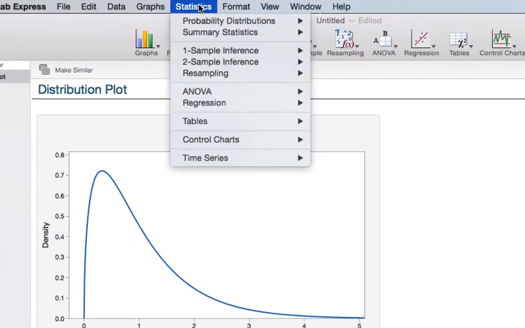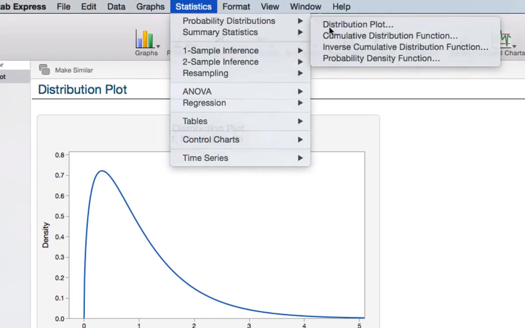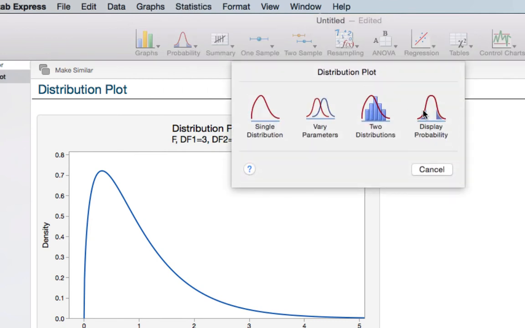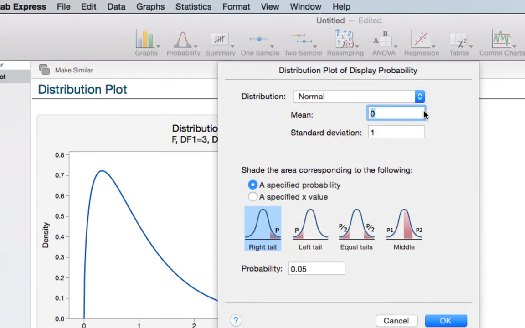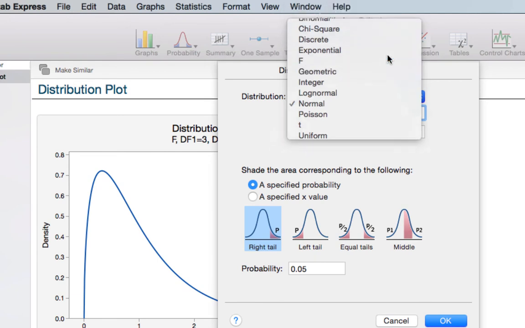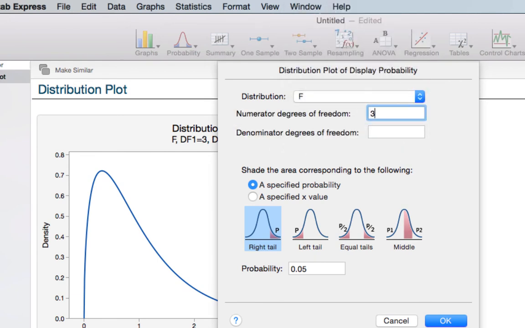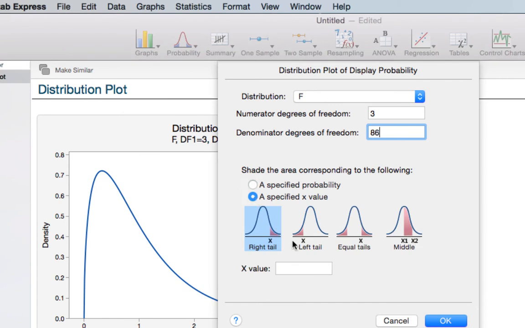We'll construct another probability plot. This time we want to display a probability. We have an F distribution with 3 and 86 degrees of freedom. Our test statistic is what Minitab Express calls an X value.